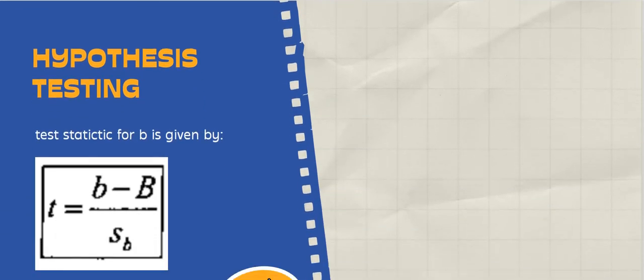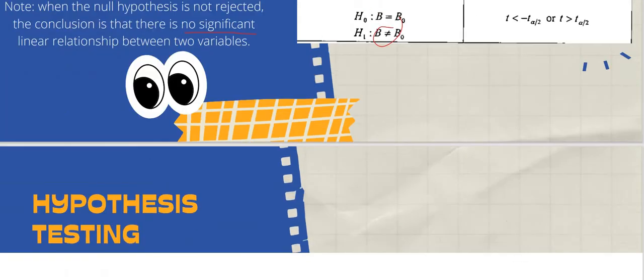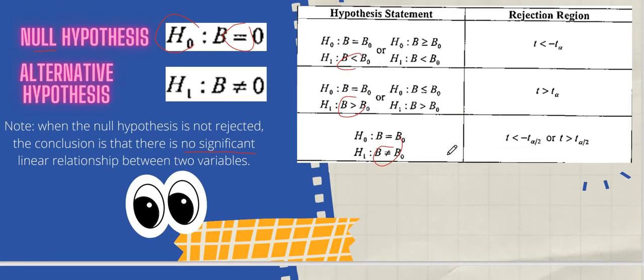This is the equation for your test statistic. You still remember we have a few steps. The first step is to state the null and alternative hypotheses. Then we calculate the test statistic: t equal to b minus capital B over sb. Capital B comes from your null hypothesis.